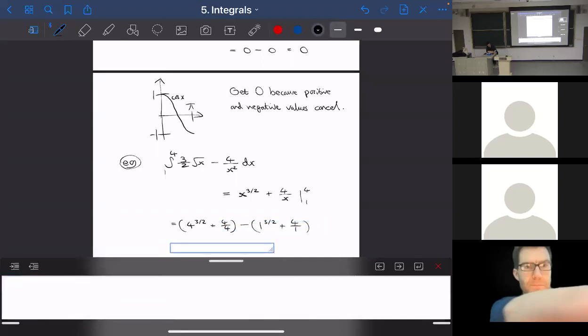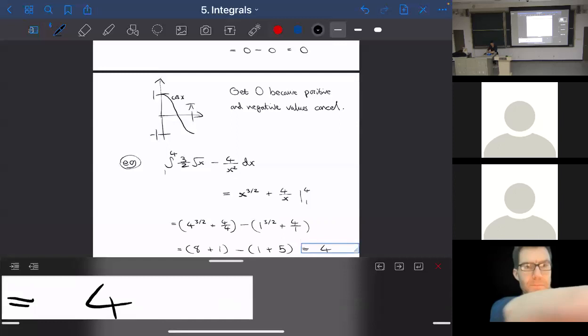So what's that? It's 8. Square root of 4 is 2, to the power 3 is 8, plus 1, minus 1 plus 5. And so that's 4.